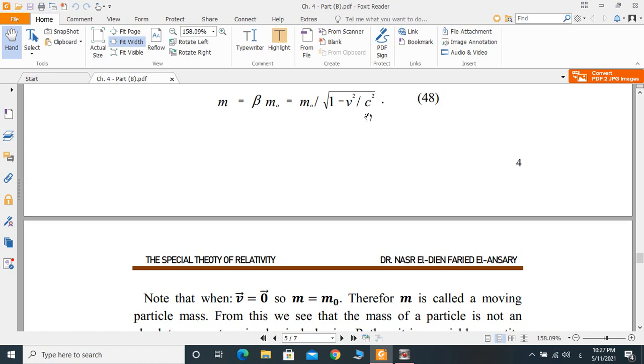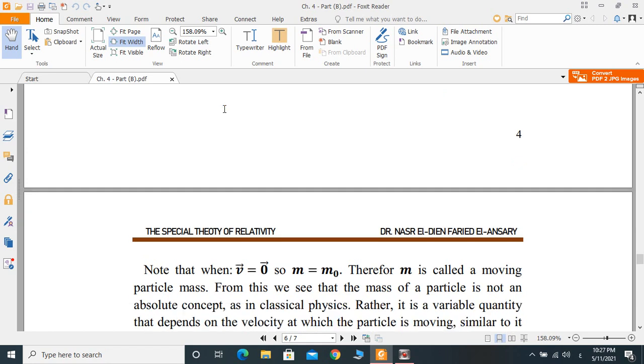It is clear that this mass is not an absolute concept and is not constant, as it is in classical physics.